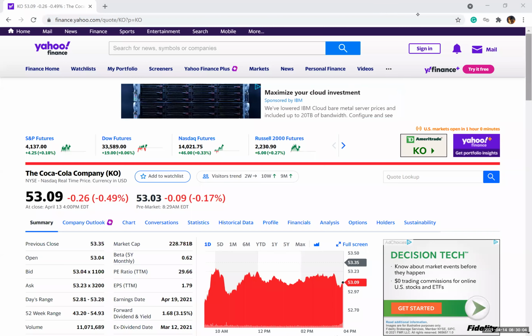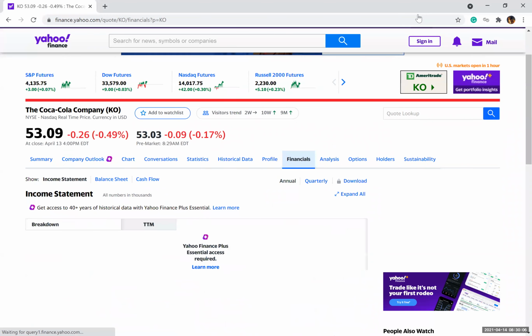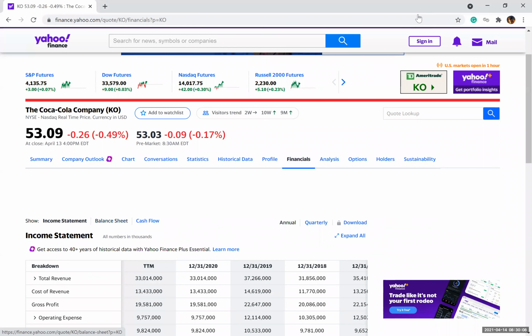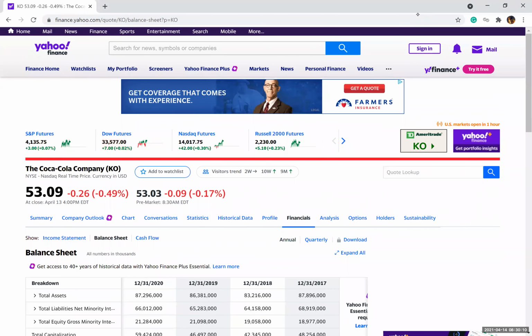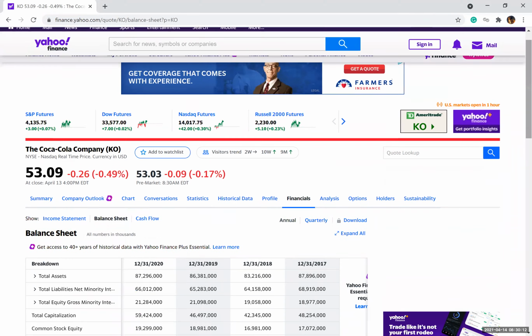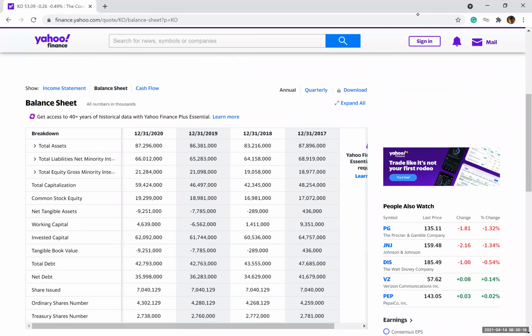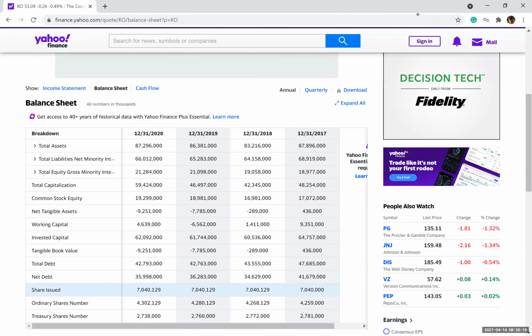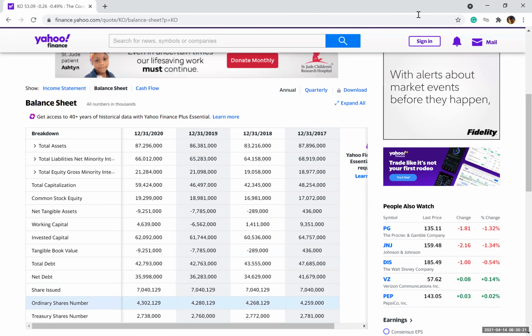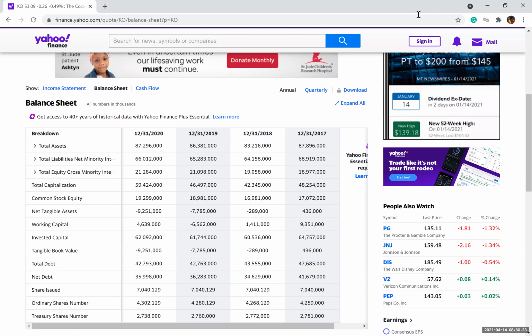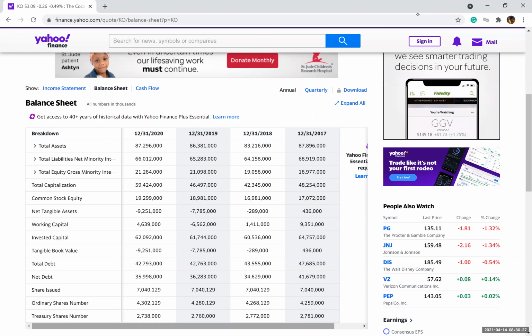So if we go down to financials, and then we look at Coca-Cola's balance sheet, this is where we have total shares outstanding listed. So we've got shares issued of 7.04, and then we've got treasury shares of 2.738 million.